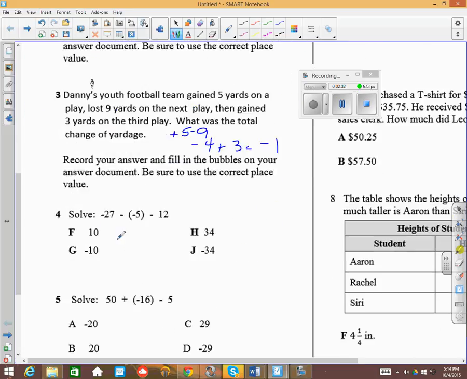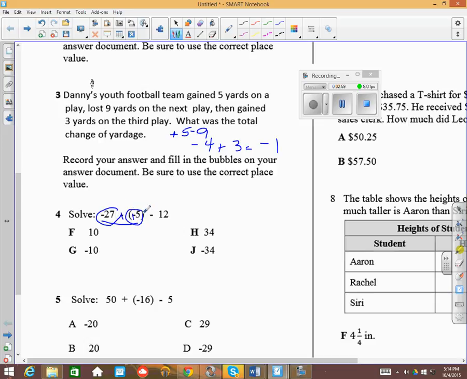Number 4. We're going to do just the first two numbers first. Don't worry about the third one. Like I was saying, when you have the two signs in between the numbers, you change that to add. Don't worry about the sign in front of the number. Once we change this to add, we have a negative 27 and a positive 5.